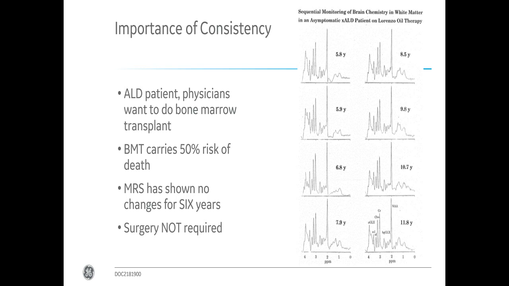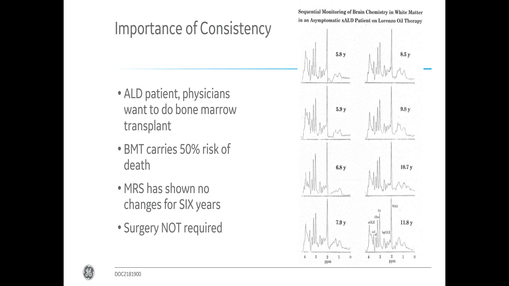Even with various scanner upgrades in between and a huge number of different technologists acquiring this data, you can see that the data is highly consistent. And this patient could stay on the Lorenzo therapy and as an adult is doing great.